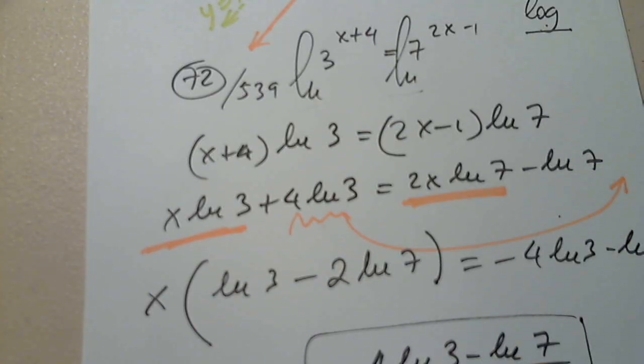But the answer should be 0. If it's not 0, it should be a number extremely, extremely small. Since the number is 0, it means that negative 4 natural log 3 minus natural log 7 over natural log 3 minus 2 natural log 7 is indeed the correct answer.